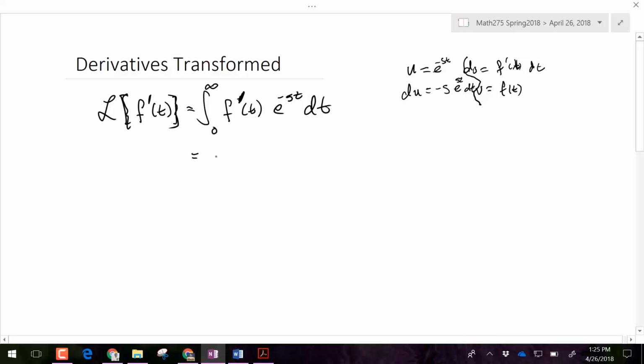And so this is going to be uv, so f of t e to the minus st, minus the integral of v du. So f of t times minus s. Oh, you're going to take the, yeah, let's do that.